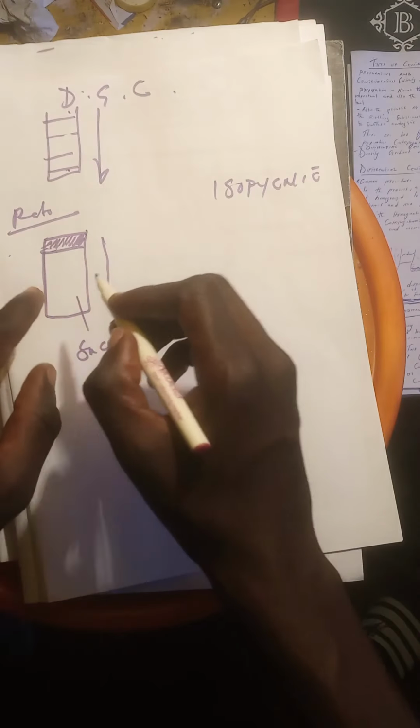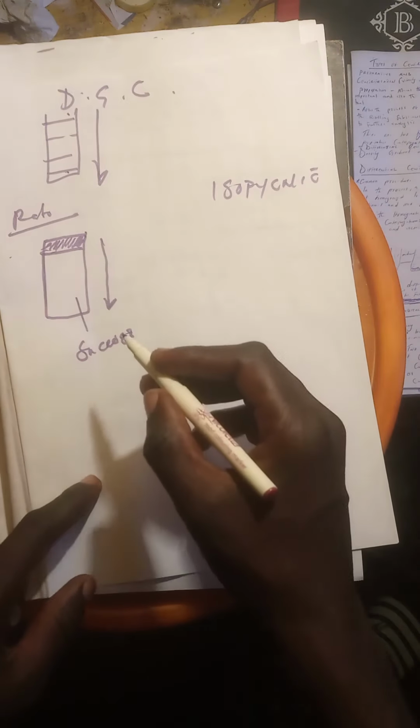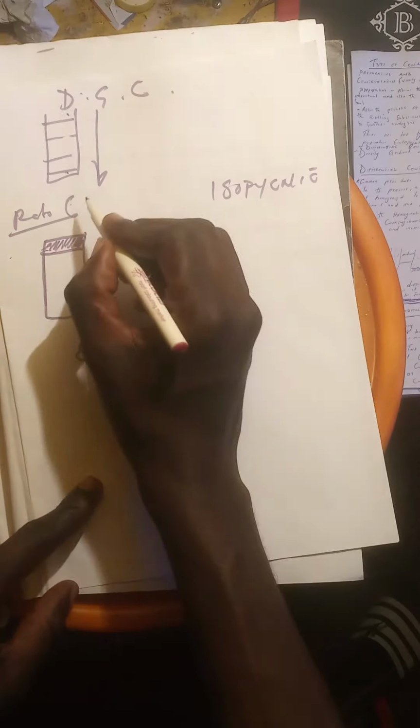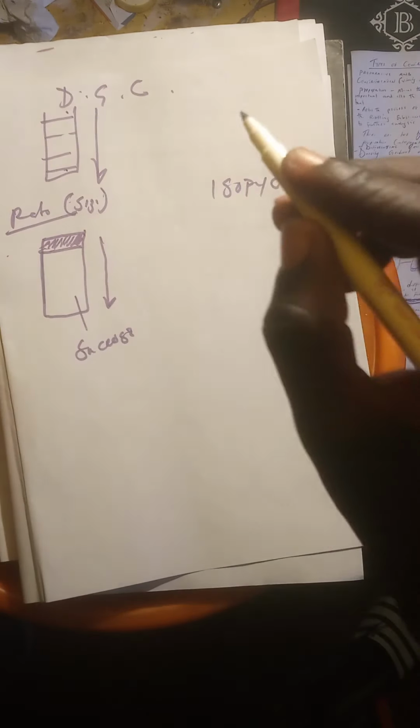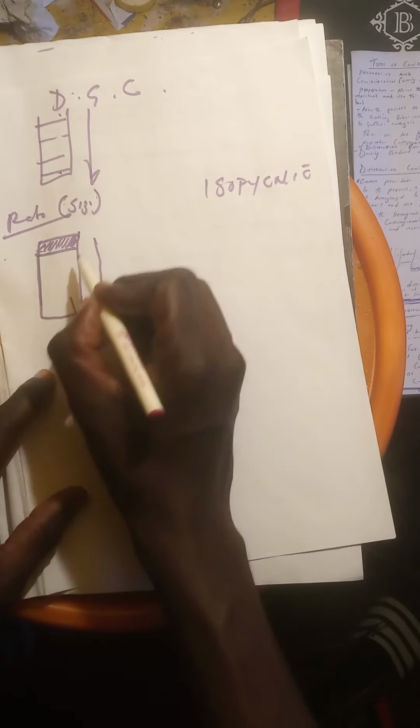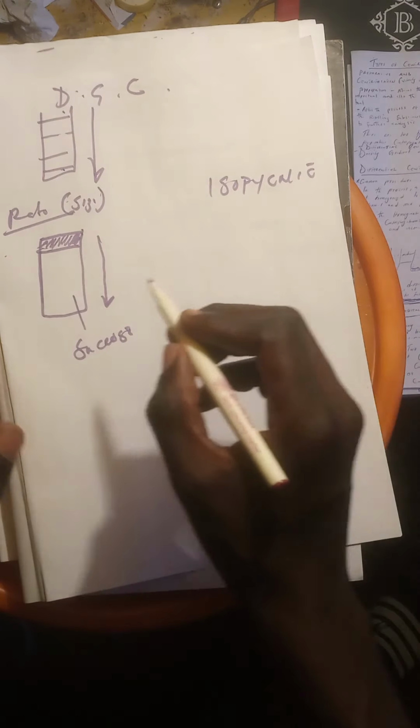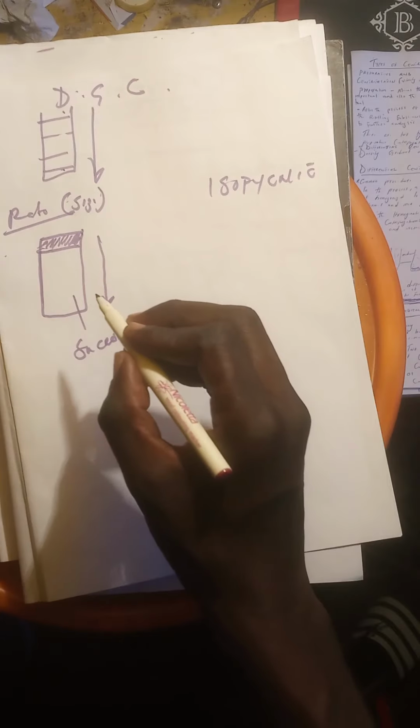And after centrifugation, what you will have is that this is entirely based on size. The separation is entirely based on size. So you have components actually sedimenting based on their size.